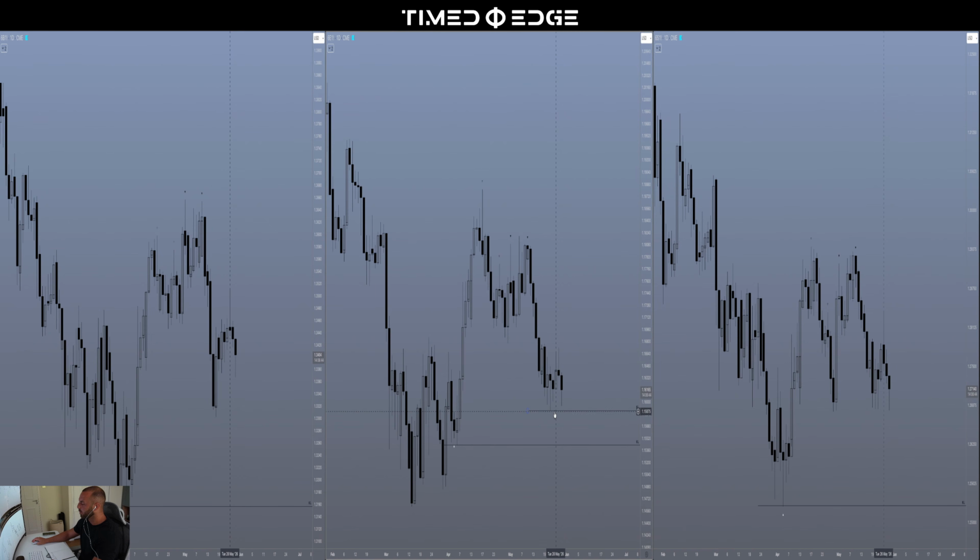We're going to have a lot of liquidity below this. Sell above the open.